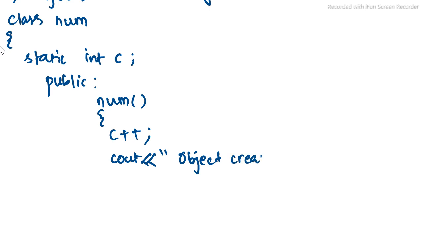We know that the constructor plays the role of initializing the object, so here we display the id of the object created. For this constructor, in the same class we declare a destructor. The destructor is preceded by the tilde symbol, and its name is the same as the class name or constructor name.